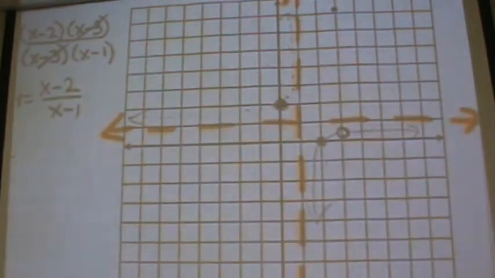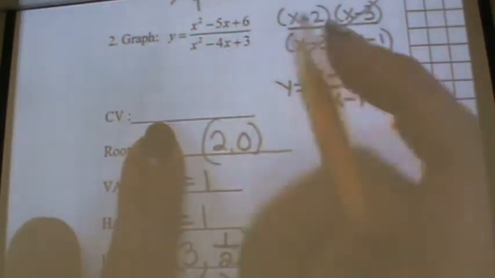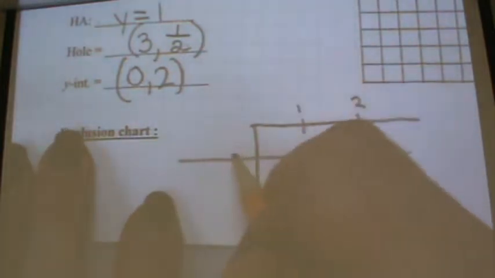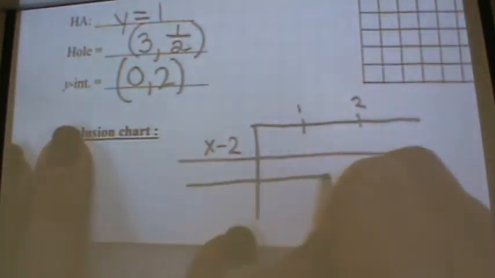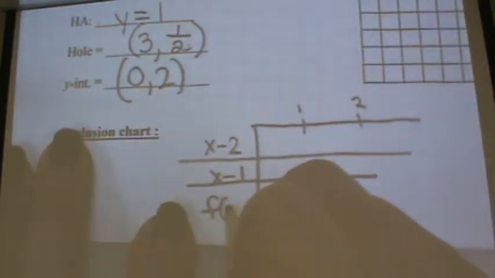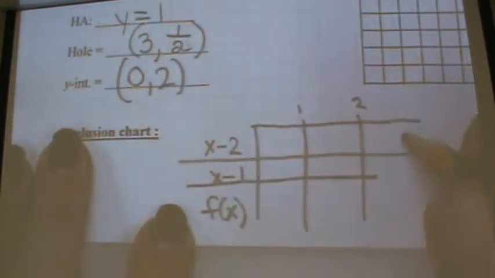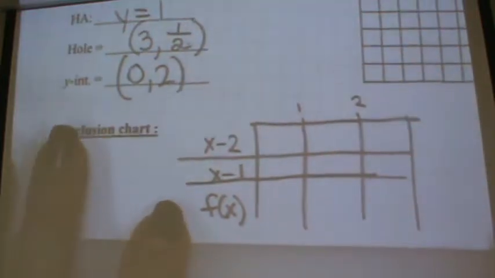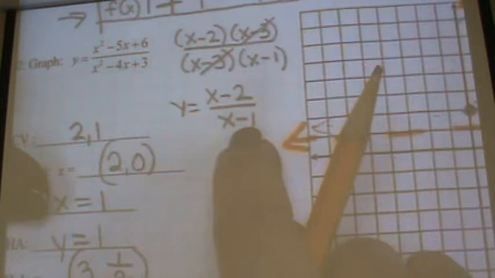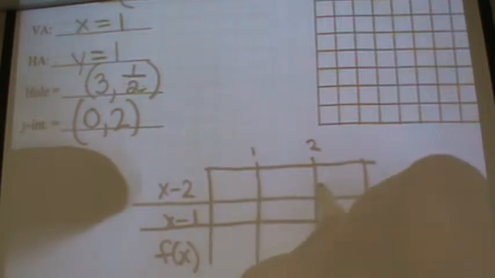It makes sense. Okay, so what are your two critical values? 2 and 1. So I want you to make a chart here, a number line with 1 and 2, and focus on those two factors, x minus 2, x minus 1, and then f of x. So find your 0 for x minus 2, it's right here.